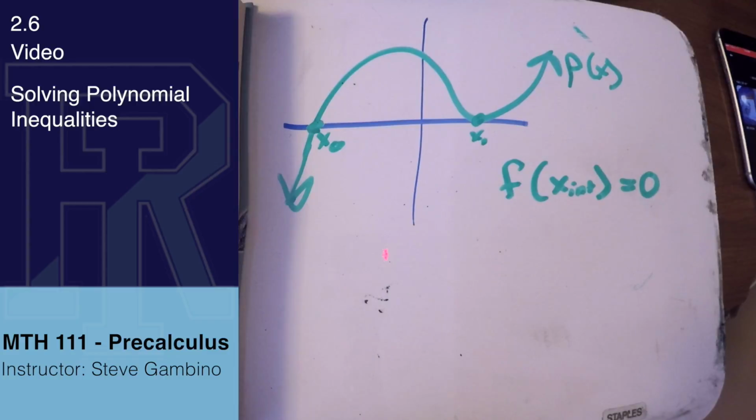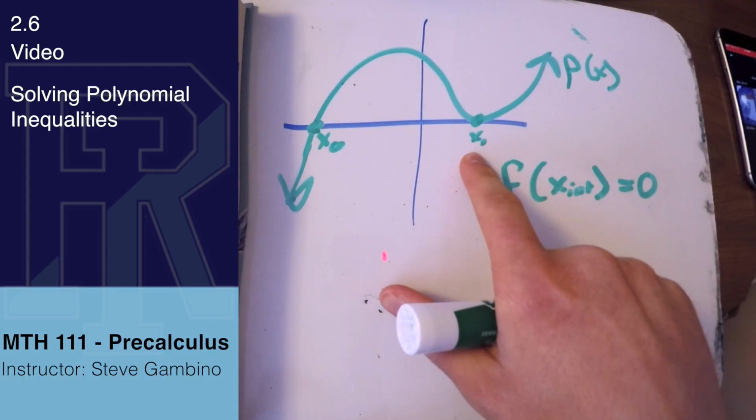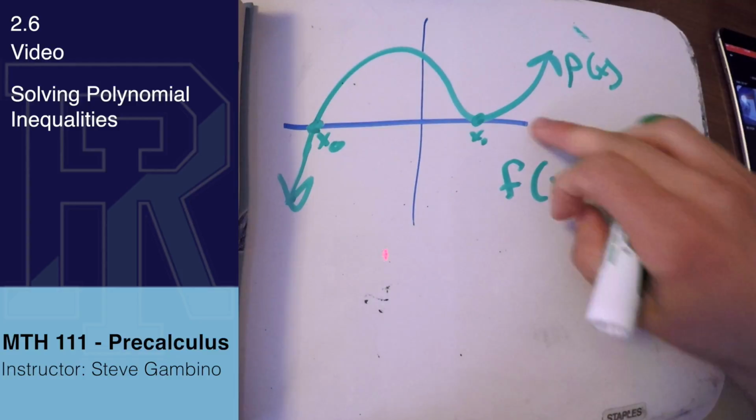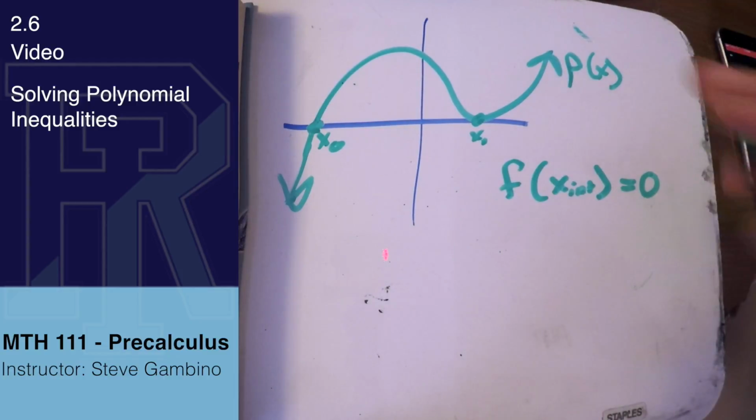We also have understanding now about how to determine the behavior of a graph at any given intercept. We also have the ability to determine the behavior of the graph at the endpoints. Does it go off to positive infinity? Does it go off to negative infinity, etc.? And we can use all of those tools to solve polynomial inequalities.